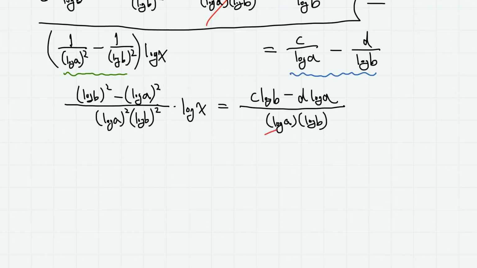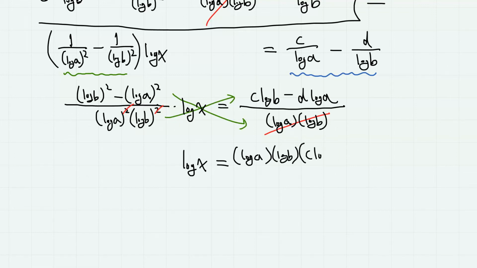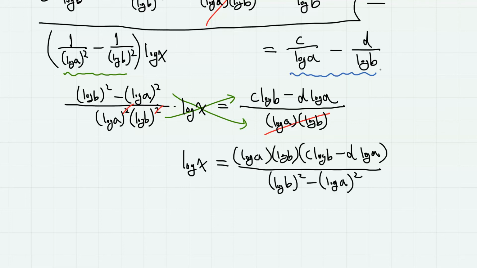So now we can cancel out log a times log b on both sides, and log x equals, so this must go down and this must go up, so we have log a log b times c log b minus d log a over log b squared minus log a squared.